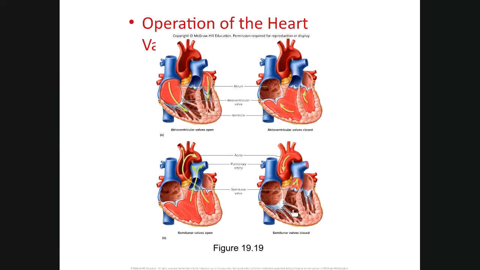Okay, what happens after this is we go back to step one, wherein rapid fill comes again, slow fill, and then your SA node is stimulating the atria, pushing more blood in, and you're back to the same sequence. So in reality, this is happening on both sides. Pressure, pressure, fill, fill, pressure, pressure, push, push.